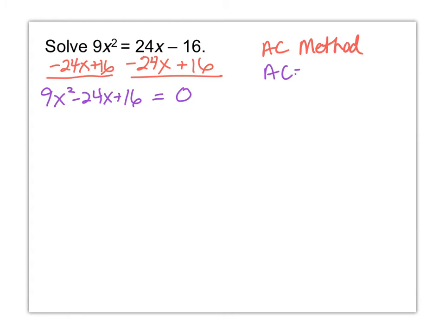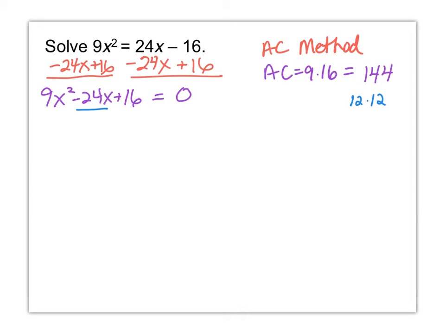A times C is equal to 9 times 16, which is equal to 144.